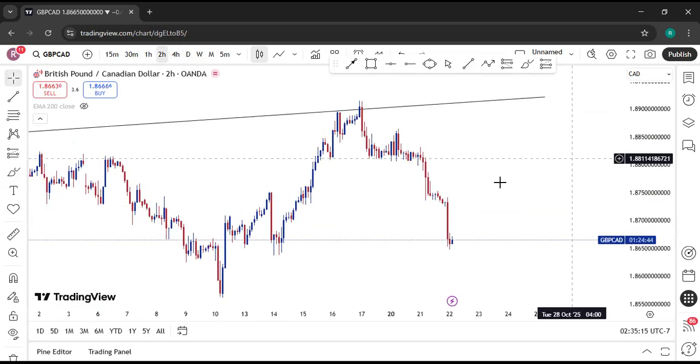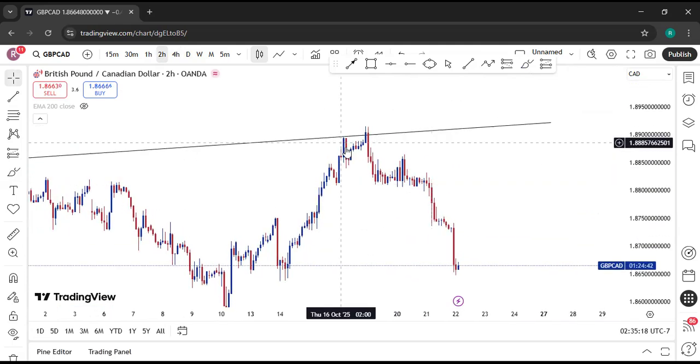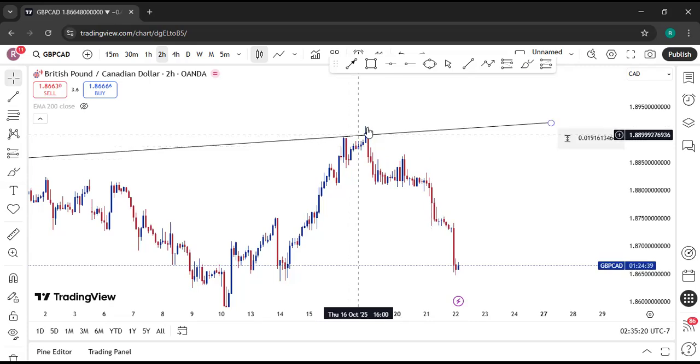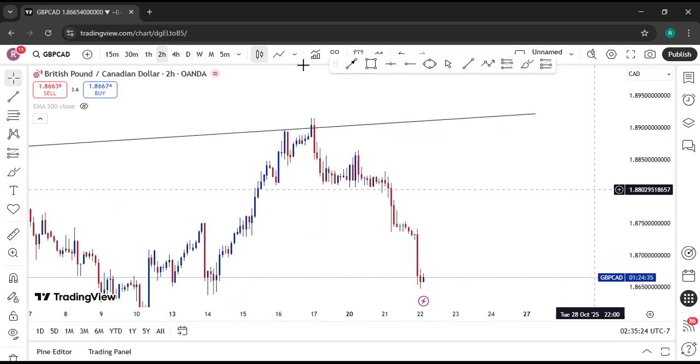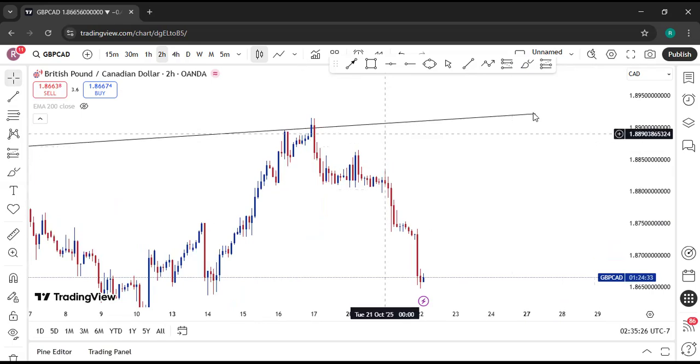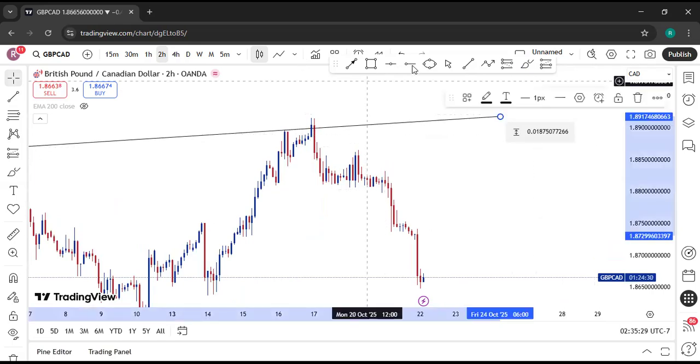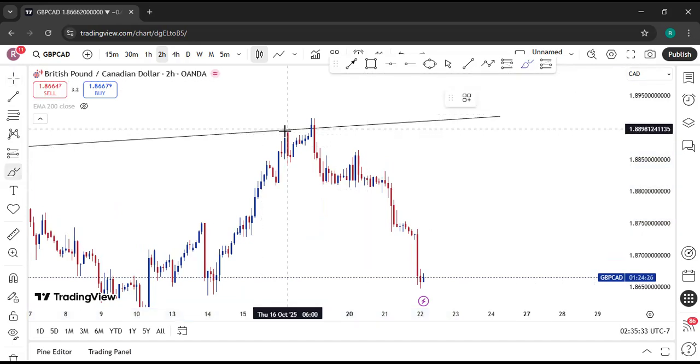I had seen that price tapped into that resistance. And then also, if you know about liquidity, I'm going to make a video teaching us also how to spot liquidity in the market. So price had taken out the sellers who came into this place to sell, the initial sellers here.